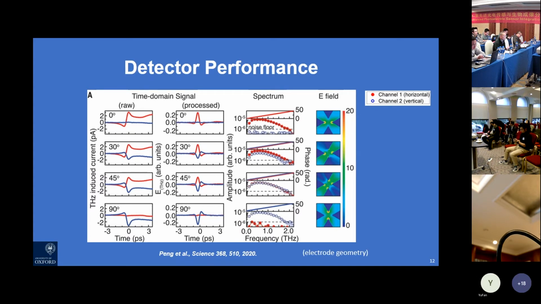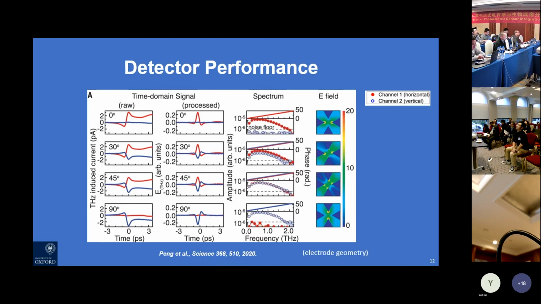When the incident terahertz polarization is vertical, only the vertical channel responds. And when the incident terahertz polarization is at around 45 degrees, as you can see, both of the detection channels produce equal response to the incident terahertz signal.